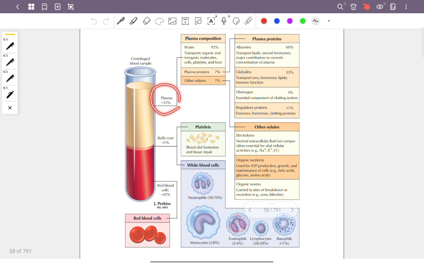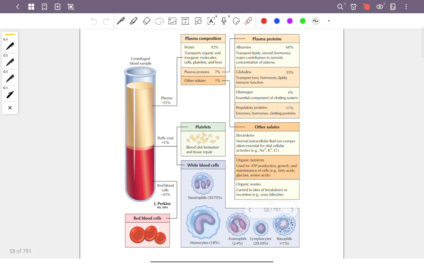It is not exactly 55%, it is approximate. It can be 54, 55, 56, so roughly you can consider it. So after the rotation of the centrifuged blood sample, we get three layers: on the bottom RBC, in the middle buffy coat, and on the top plasma, which is 55%.